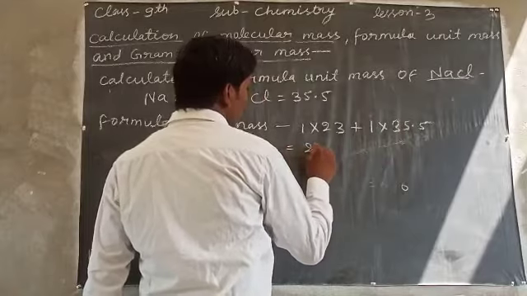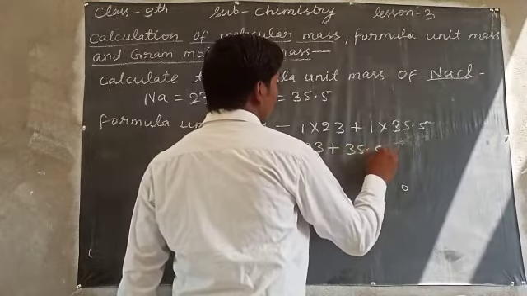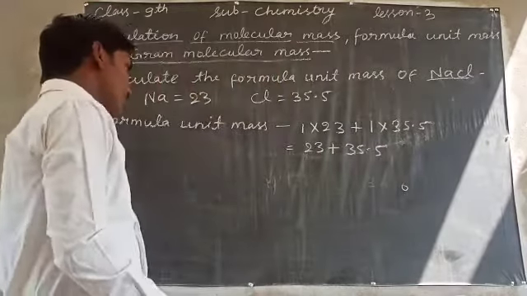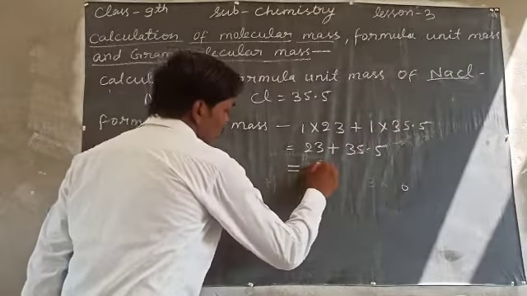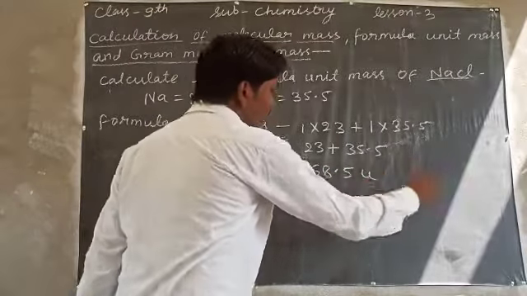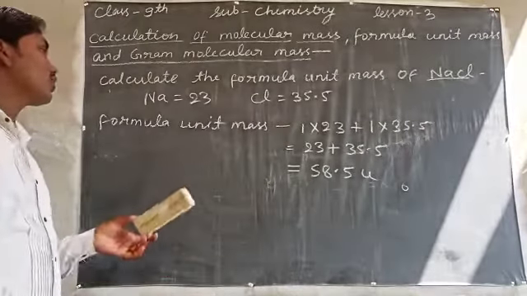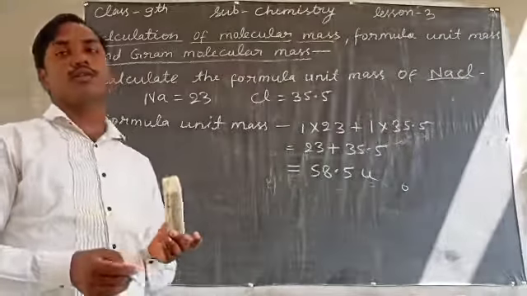It will be 23 plus 35.5. So this will be 58.5 unit. So this is the formula unit mass of sodium chloride.